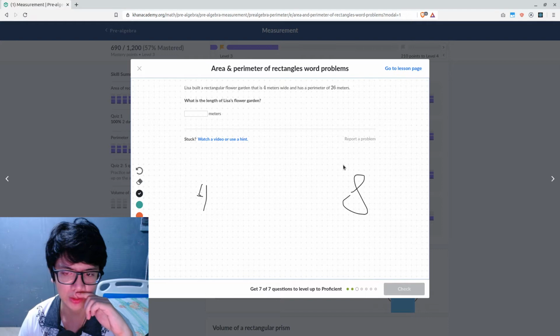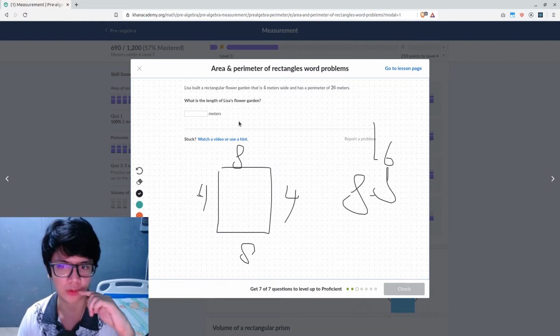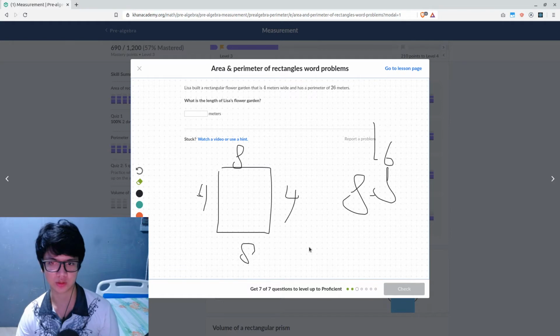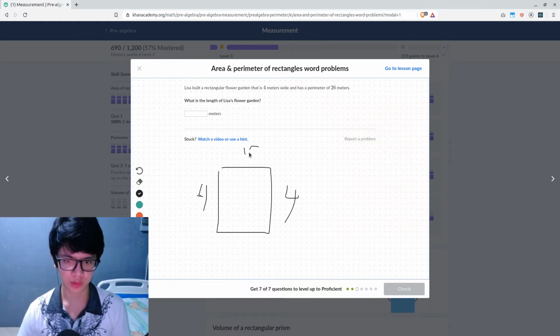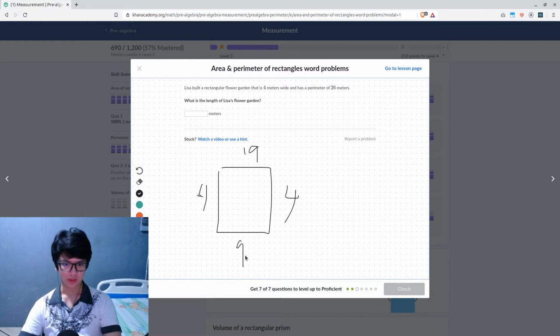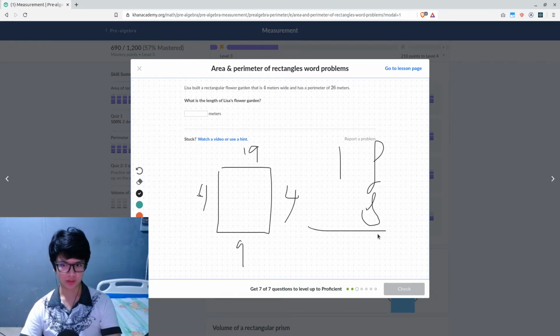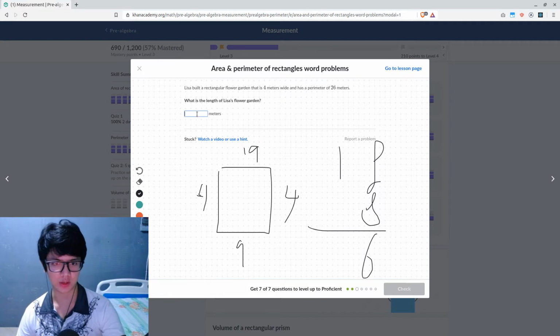So we have like 8, and then it's gonna be 8, right? So that's 16 plus 8 and 4. Oh shit, it's actually 26. So this could be 9. So we have 18 plus 8.